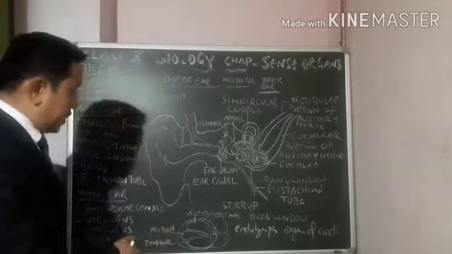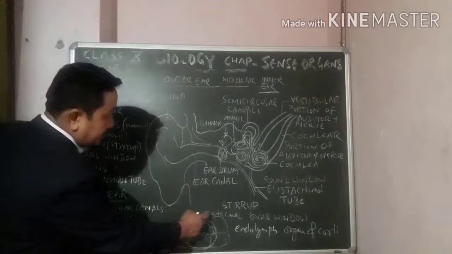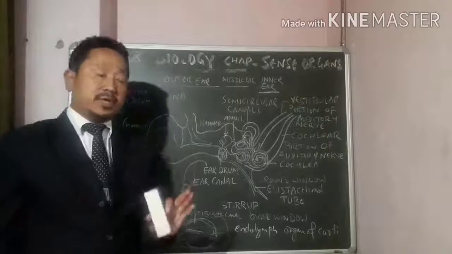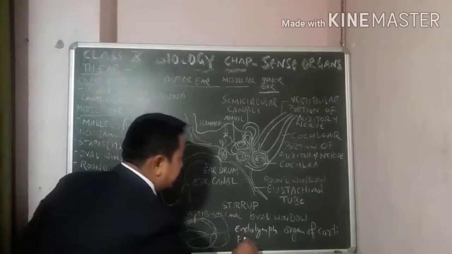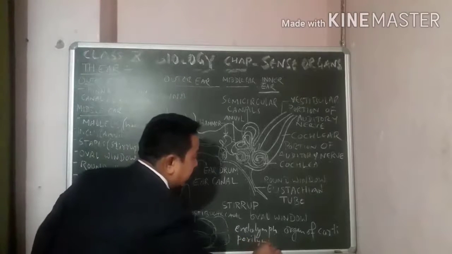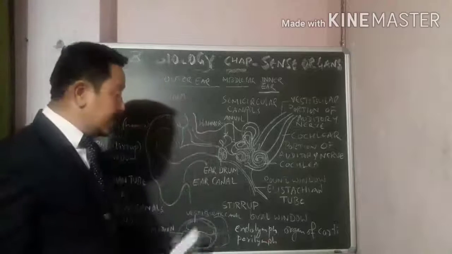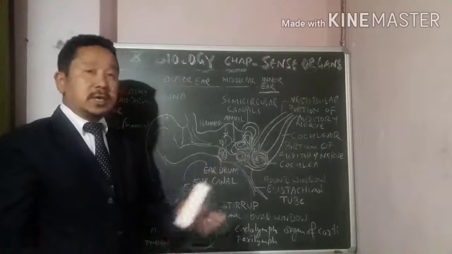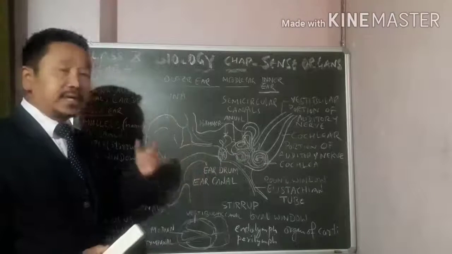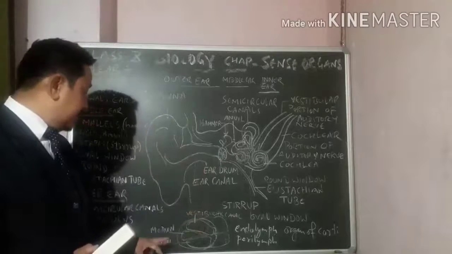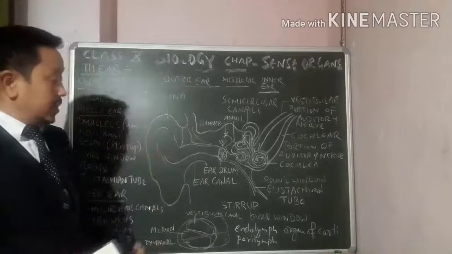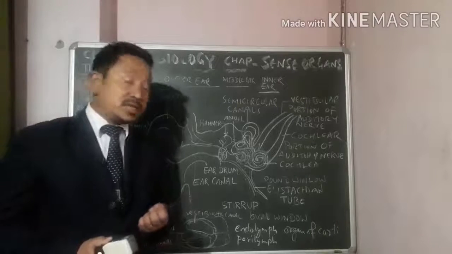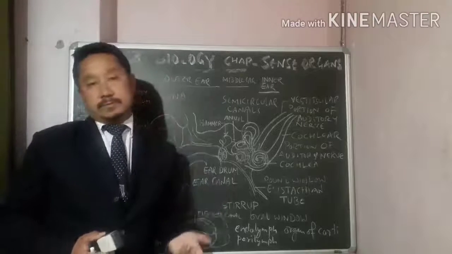And the other two canals you see, vestibular canal and the tympanal canal, contain the other fluid substance called perilymph, P-E-R-I-L-Y-M-P-S, perilymph. So this is how the cochlear canals have been named differently: vestibular, median, and tympanal. And especially your median canal contains a lot of sensory cells meant for hearing.